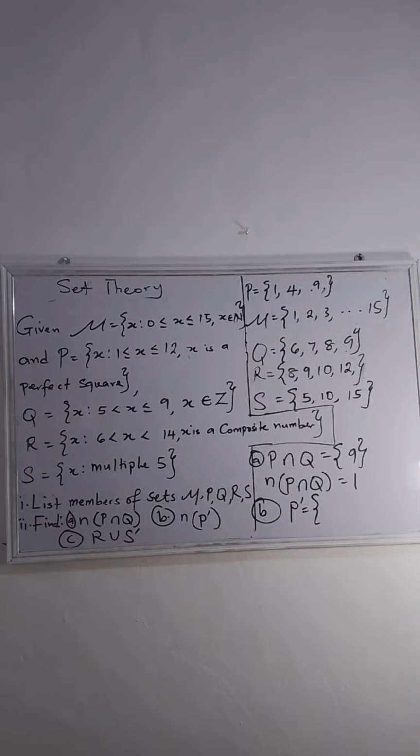We have set P to be 1, 4, and 9. So what will the complement be? I'm waiting for your answers. I can see 2, 5, 6, 7, 8, 10, 11, 12, 13, 14, 15.